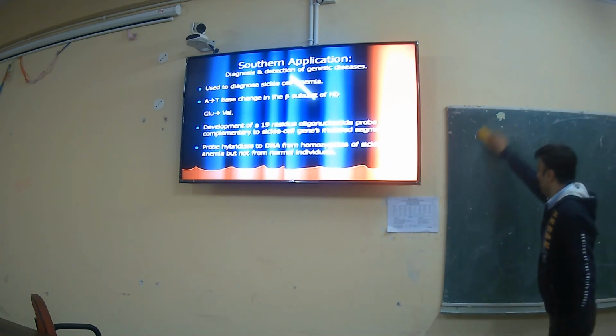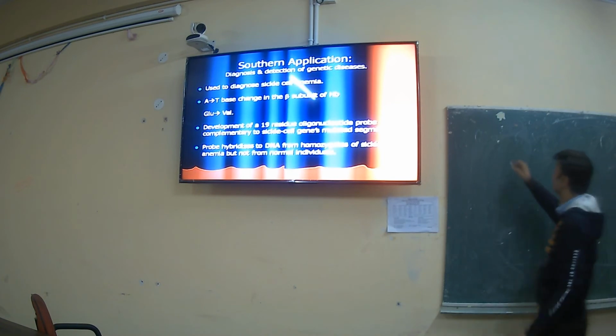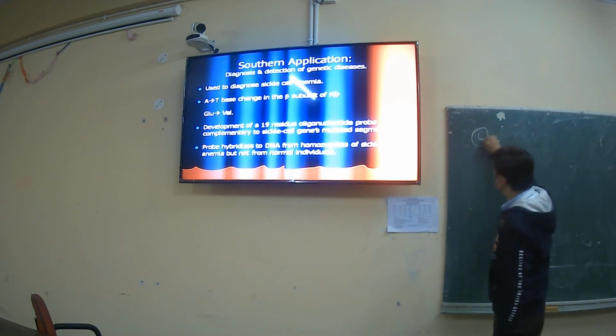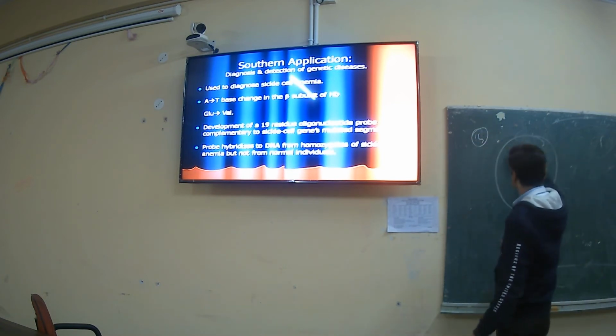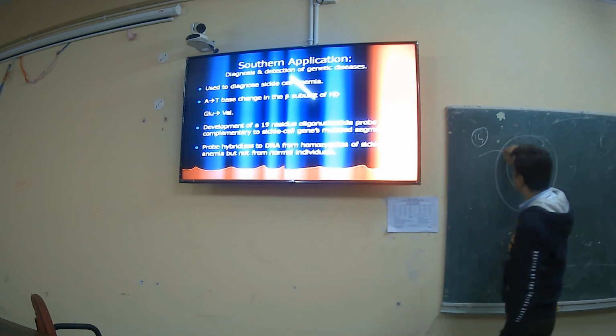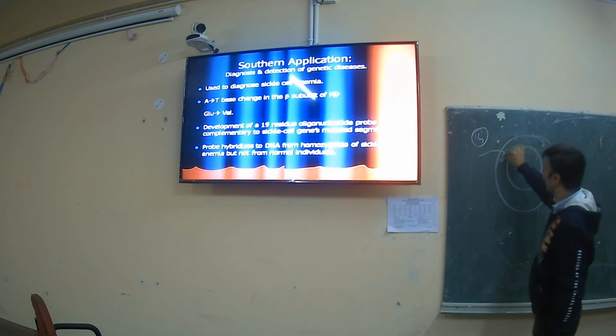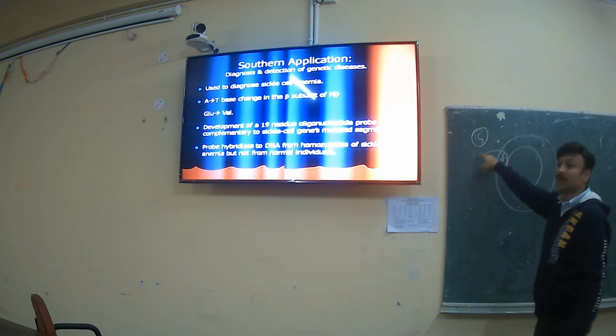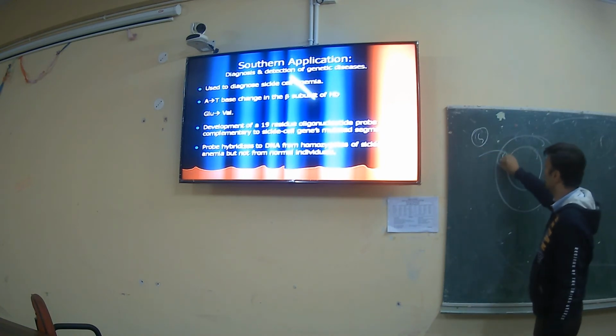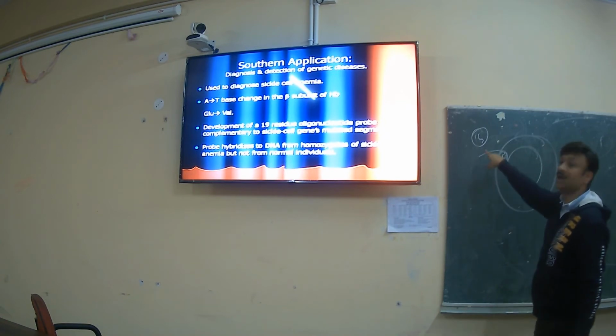This virus contains RNA, then this RNA is uncoated in the cytoplasm. After uncoating, with the help of the enzyme that is carried by the virus itself, the reverse transcriptase enzyme.